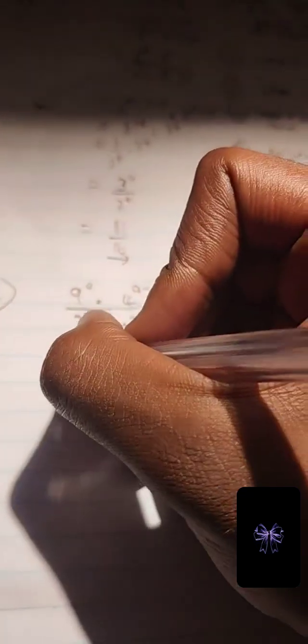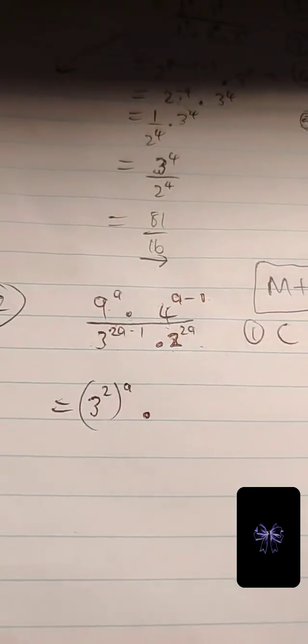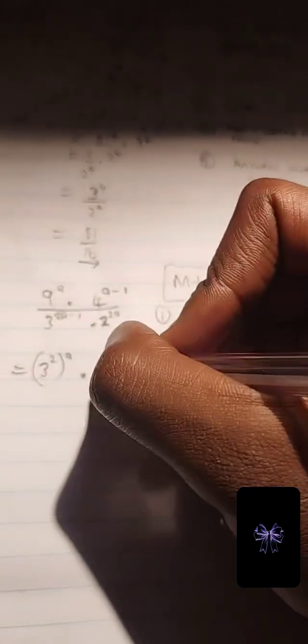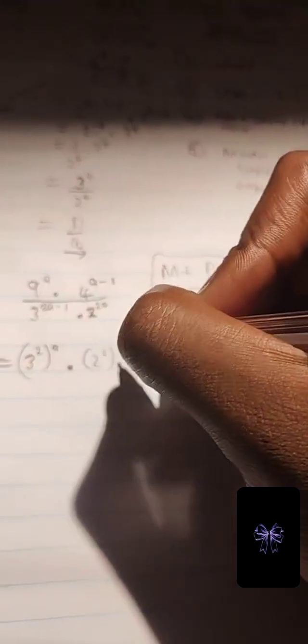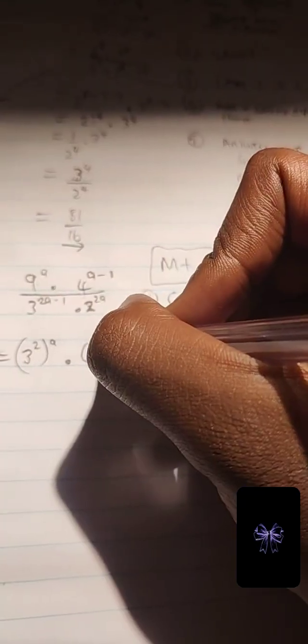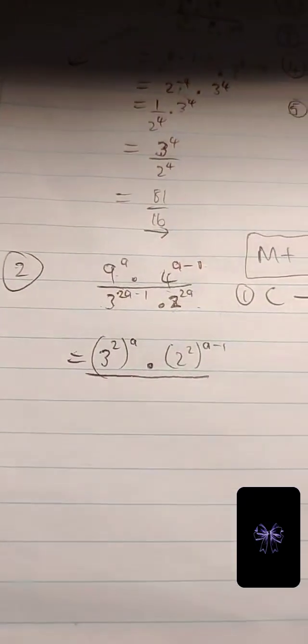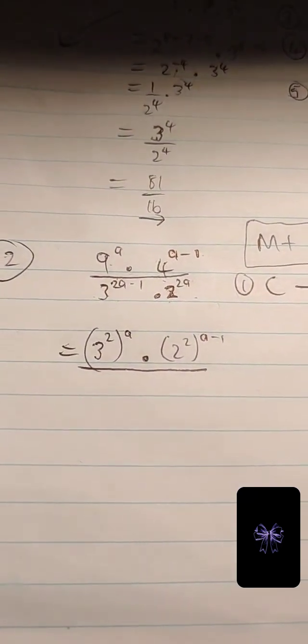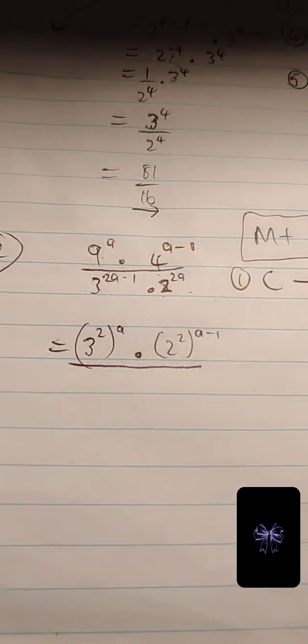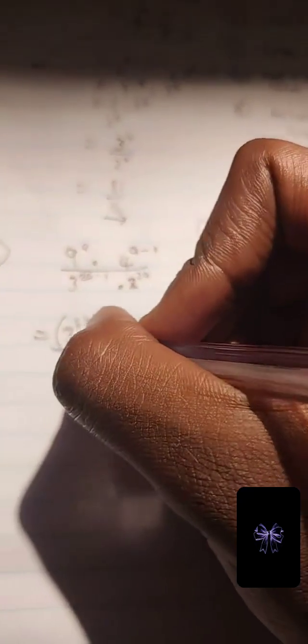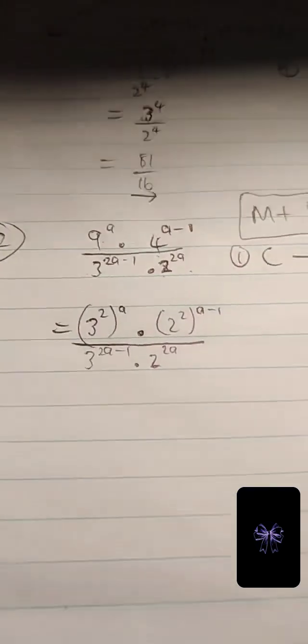In that case, we can just say 3 to the exponent, open bracket, 3 to the exponent of 2 raised to the exponent of a, multiplied by, open bracket, 2 to the exponent of 2 raised to the exponent of a minus 1, divided by 3 to the exponent of 2a minus 1 multiplied by 2 to the exponent of 2a.